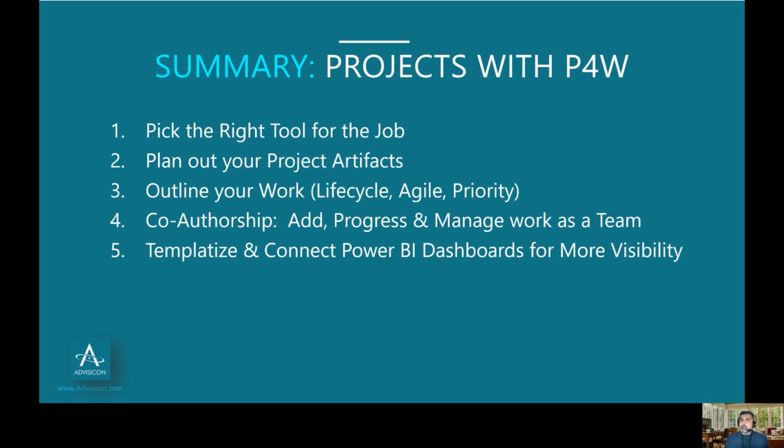Again, you can invite multiple people in here. You can basically send them notifications. I'm sure I've got a couple of emails now that say you've been assigned to a new task. So the idea is that from an easy to deploy licensing and training standpoint, people can come in and own their sections, progress those, and you can actually step back and see that. Of course, you can templatize that by just copying your plan, and you can also use your Power BI to help you see the information.